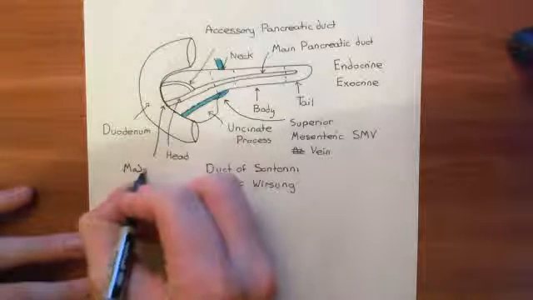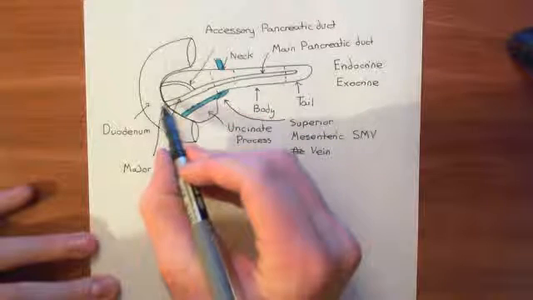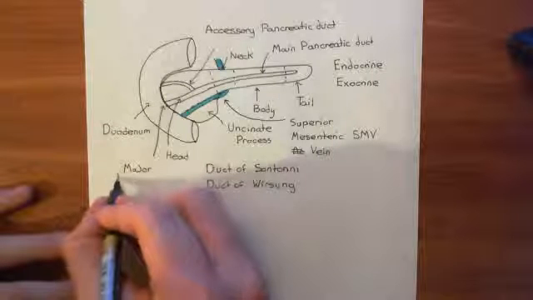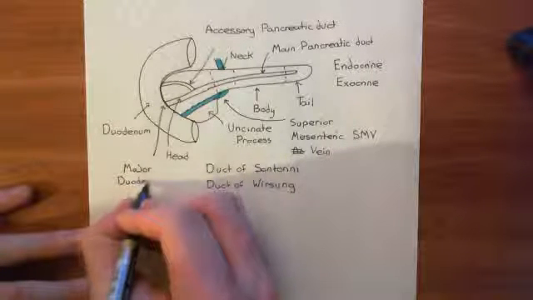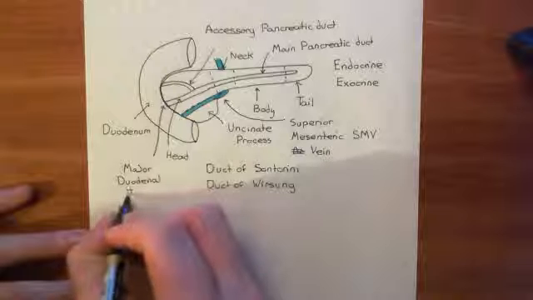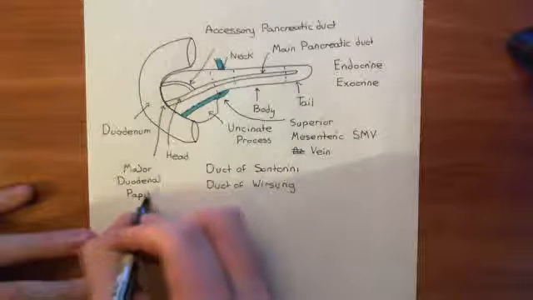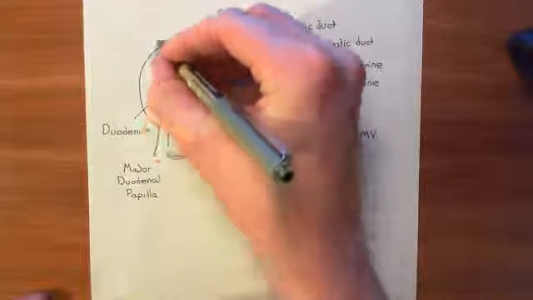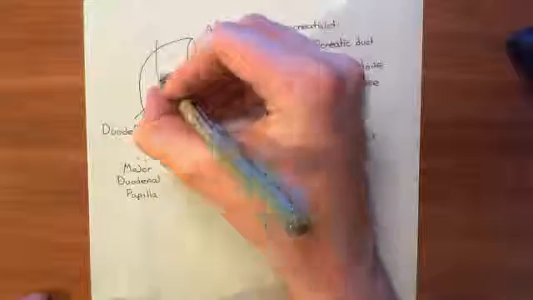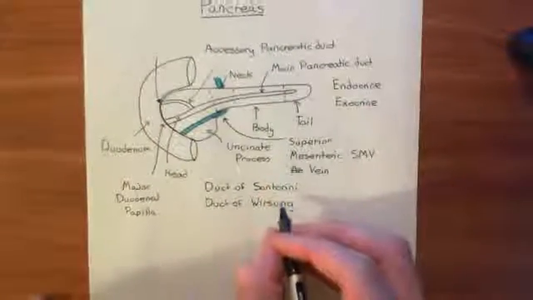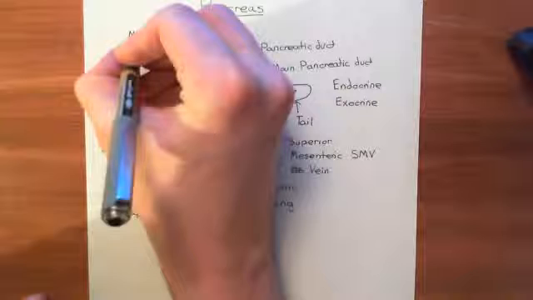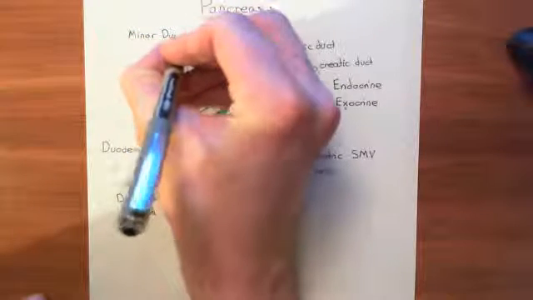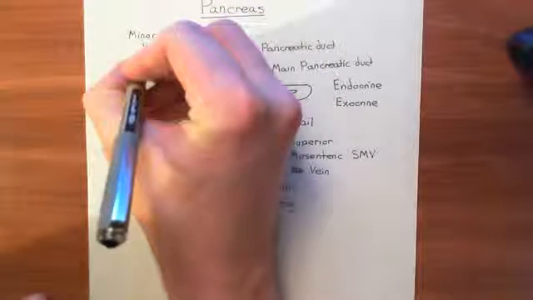So from the main pancreatic duct, you have a hole which leads into the lumen of the duodenum, and this hole is known as the major duodenal papilla. Papillae is the plural of papilla. Then this smaller one, where the accessory pancreatic duct exits the pancreas and goes into the duodenum, is known as the minor duodenal papilla.